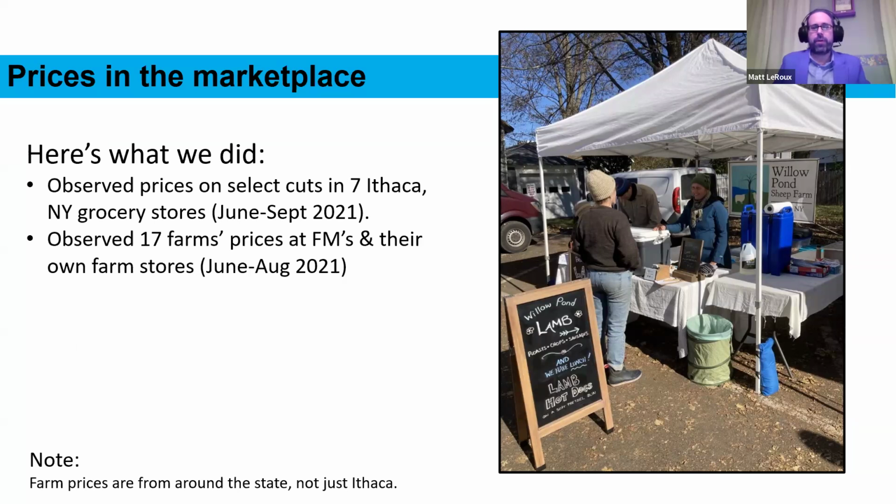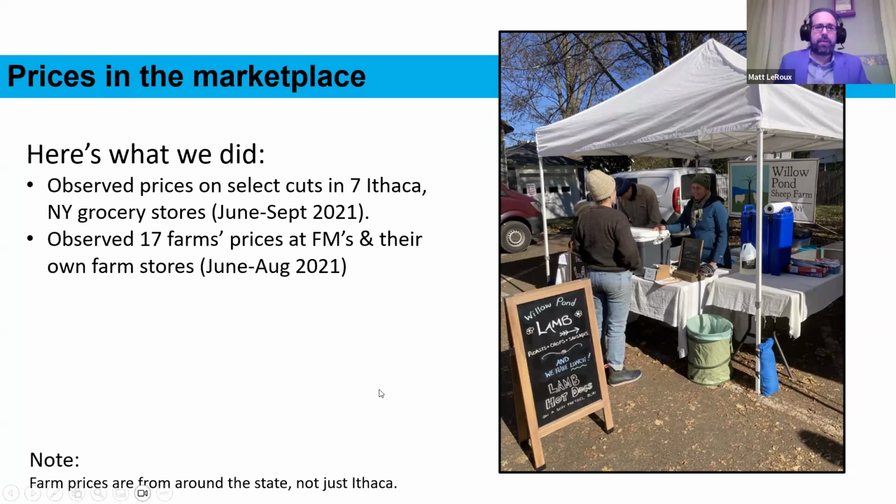And during the same months, we looked at prices from 17 farms that were selling at farmers markets and farm stores. I just make a little note here. It's not a perfect apples to apples comparison because the grocery stores are all just in Ithaca, but the farmers markets and farm store prices that we looked at were around the state.